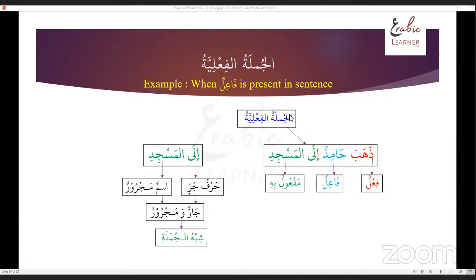In the second book, we will go in depth into maf'ool bihi. For the time being, remember only that there is fi'l, which is the action, fa'il, who is the doer of the action, and the remainder part is maf'ool bihi. There is more than maf'ool bihi in Jumla Fi'liya. I'm not talking about it. Just remember these three things.